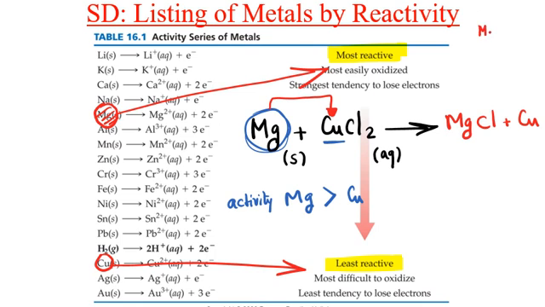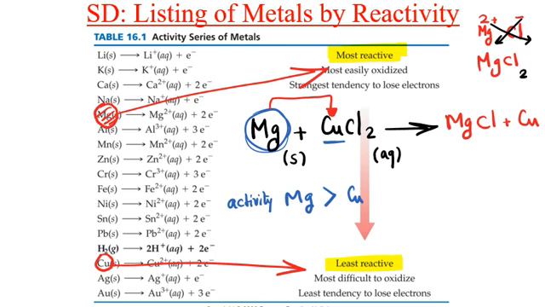Mg is 2 positive, and we know that Mg is in group number 2, so 2 positive. Chlorine is in group number 7, 1 negative. So when you switch the ion charges, magnesium gets 1 and Cl gets 2, and we don't write 1 for Mg.